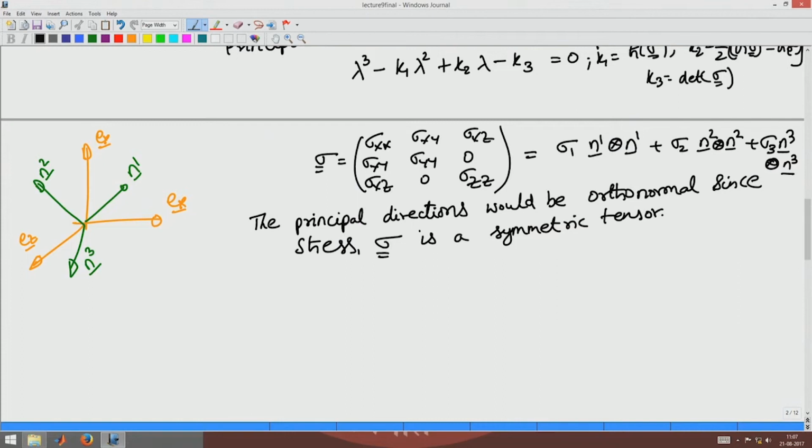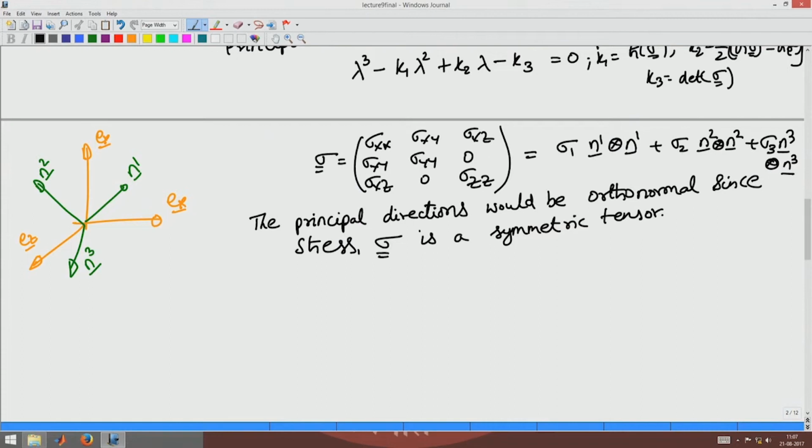Now, if I represent the same stress tensor in the n1, n2, n3 basis, this will be sigma 1 n1 tensor product n1 plus sigma 2 n2 tensor product n2 plus sigma 3 n3 tensor product n3, right. Because I am writing it in the principal direction basis, it has this representation.